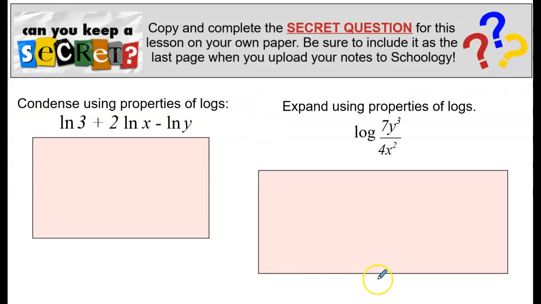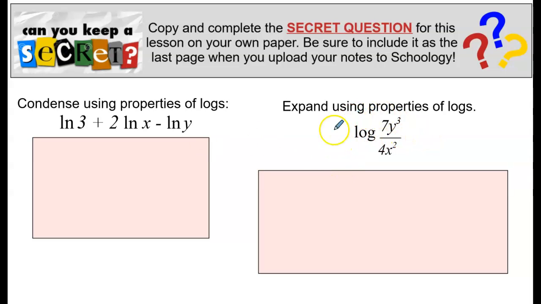Okay, that brings us to the secret question for this lesson. In the first problem, you're going to use properties of logs to condense this expression into a single natural log and simplify. And then in the next problem, you're going to do the reverse.